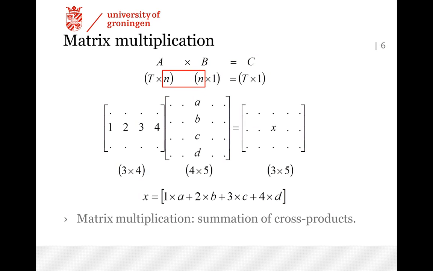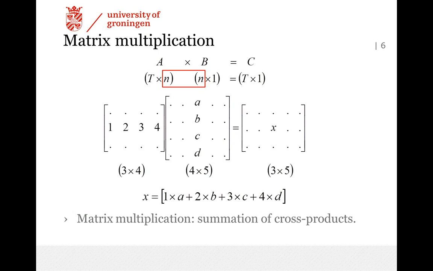Then the important operation, this one is one we're going to use a lot, and it's matrix multiplication. Essentially it's a summation of cross products, and as I said before, I'm not going to explain all matrix algebra. That would take at least a couple of lessons. But one important thing is that when you multiply two matrices like A and B in this example, the dimensions do matter.